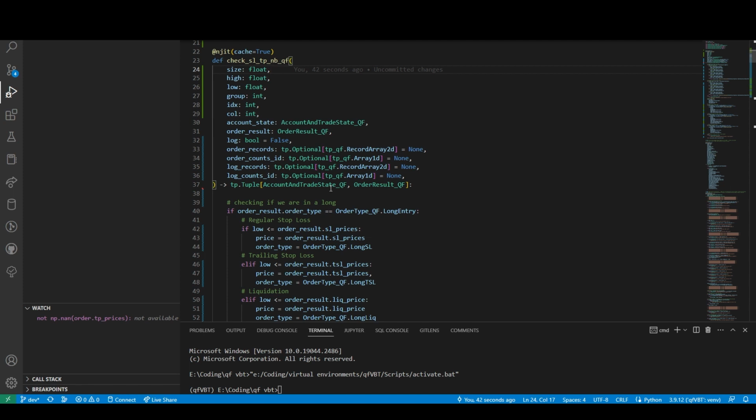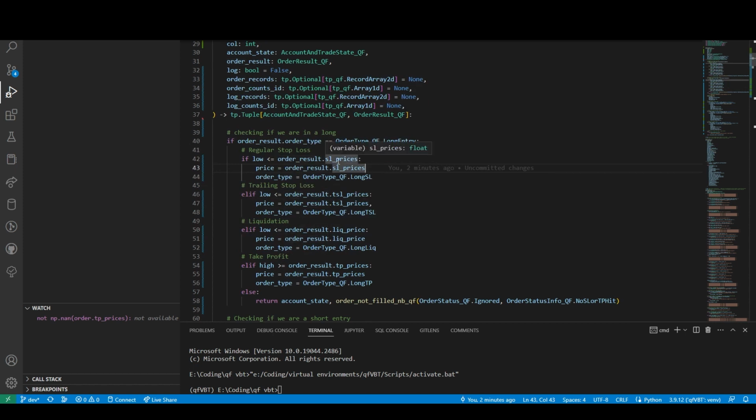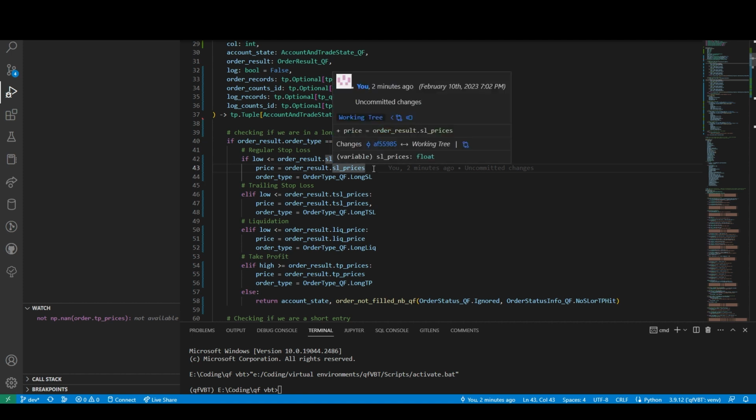Because if it's a stop loss, the take profit sizes and stop loss sizes should automatically come pre-installed into the order result. And so inside of here, there needs to be stop loss prices and then stop loss size. And the size could be infinite. The size could be whatever the user decides.